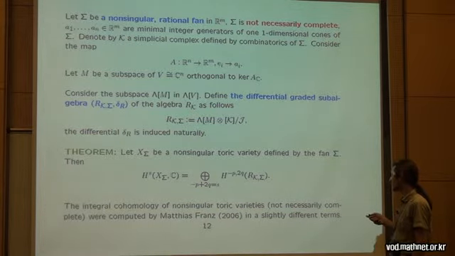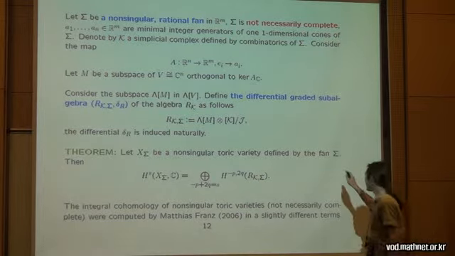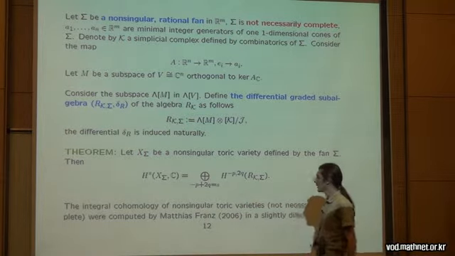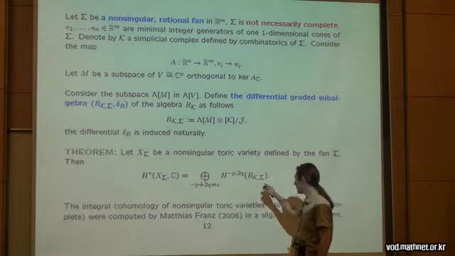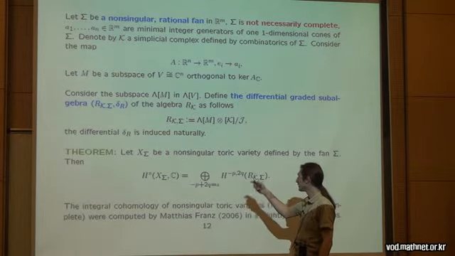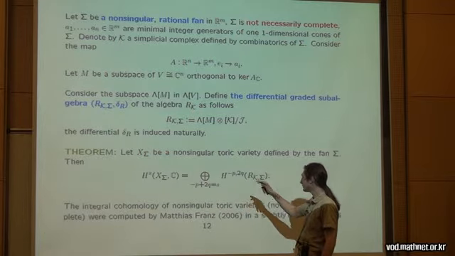Let X be a non-singular toric variety defined by fan sigma. Then its cohomology with complex coefficients can be computed as just the cohomology of this algebra.